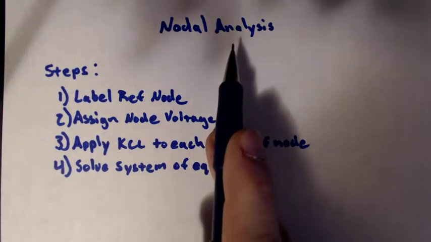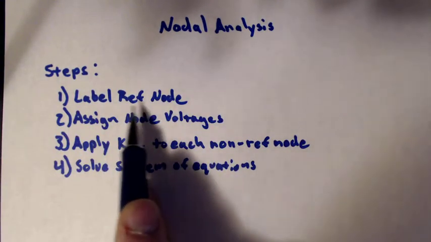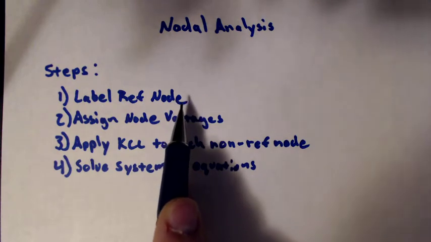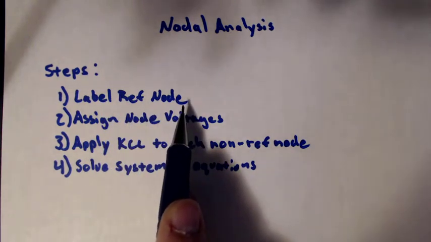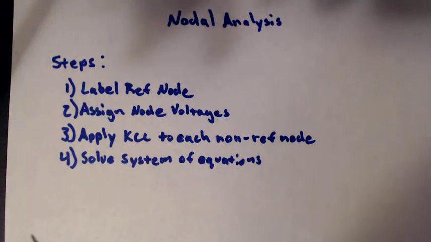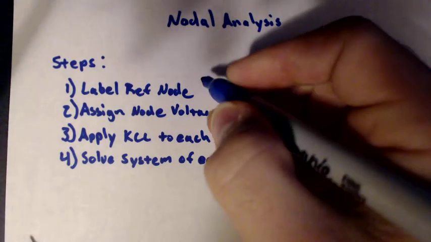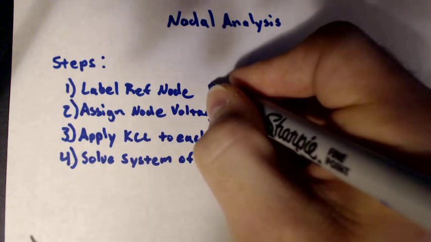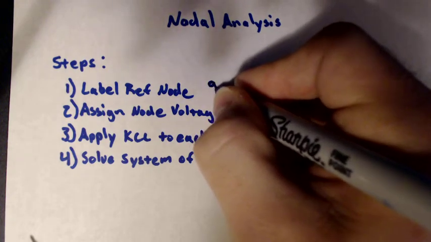With nodal analysis, we're going to start off by labeling a reference node. In other words, we're going to pick a point in our circuit and call it 0 volts. For labeling the reference node, we're going to use the ground symbol.